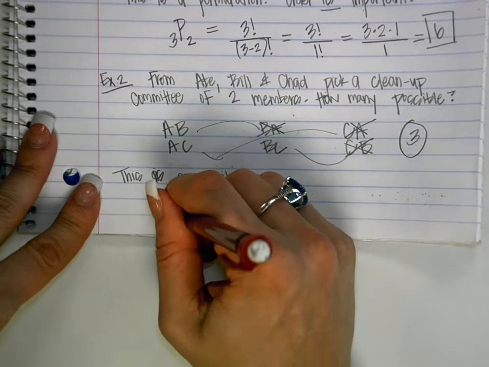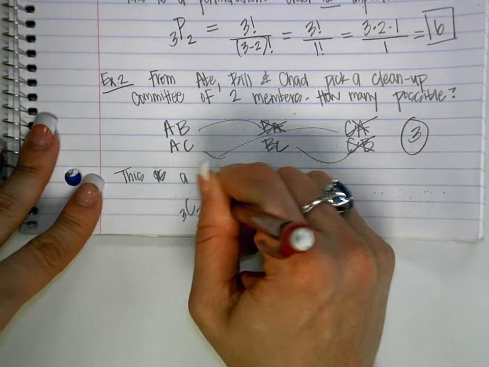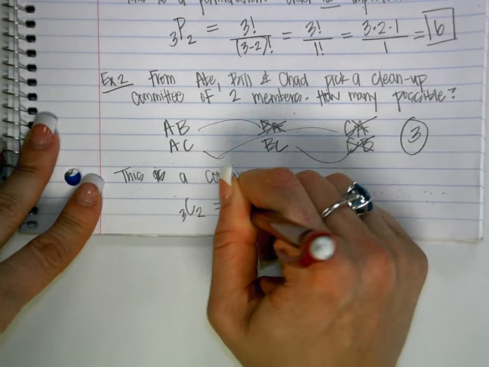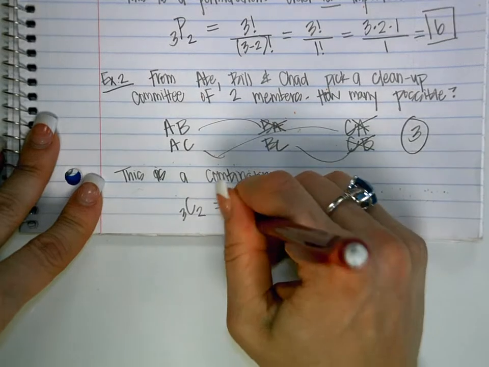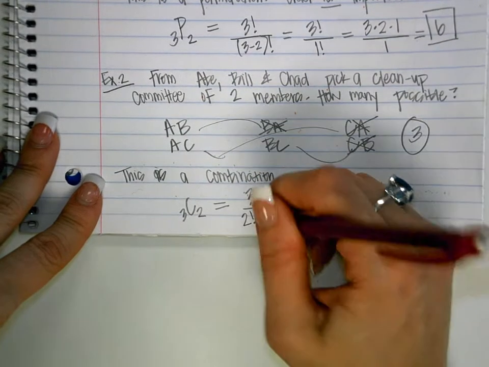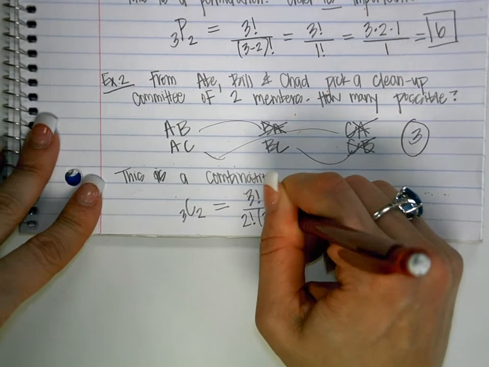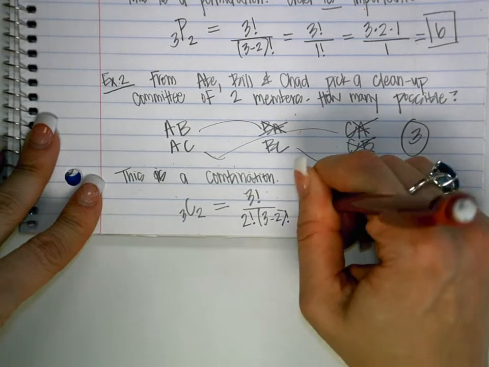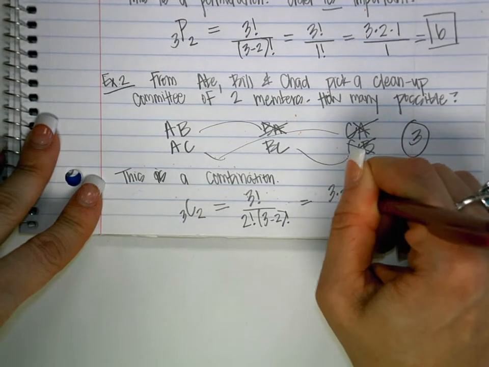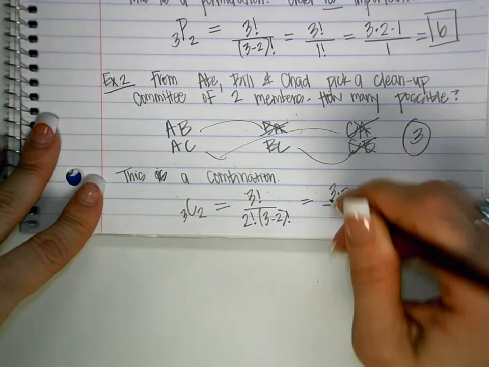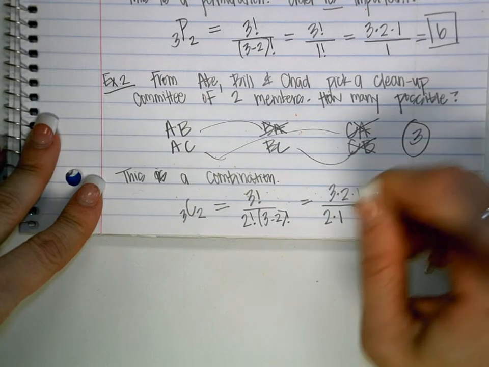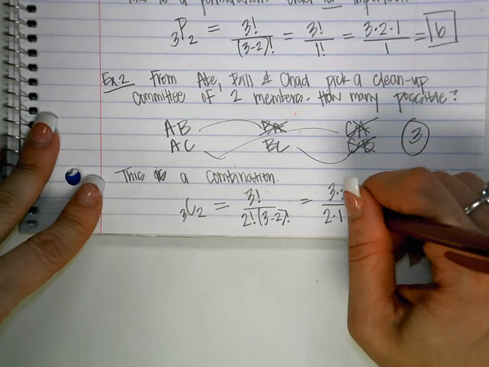So if you did 3C2, that would equal 3 factorial over 2 factorial, multiplied by the factorial of the difference between the two. So 3 factorial is 3 times 2 times 1, over 2 factorial, which is just 2 times 1, multiplied by 3 minus 2, which is just another 1.